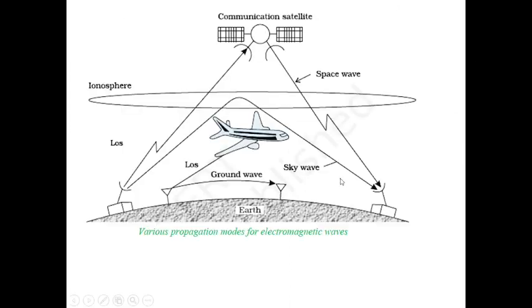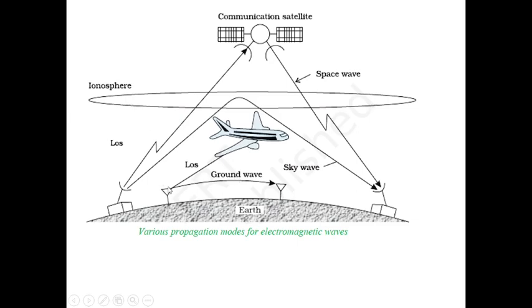All three wave propagations are explained in one figure. Observe here, we have the ground wave, where the ground waves follow the curvature of the Earth, and the sky wave propagation, where the sky waves are reflected from different layers of the ionosphere and reach the receiver. And the line of sight propagation, on the Earth or satellite communication.